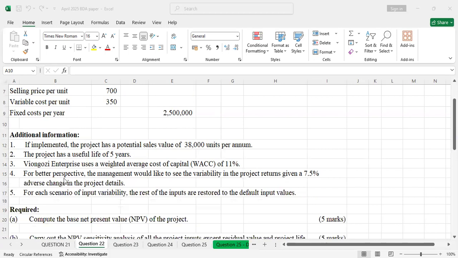Additional information, number one, if implemented, the project has a potential sales value of 38,000 units per annum.